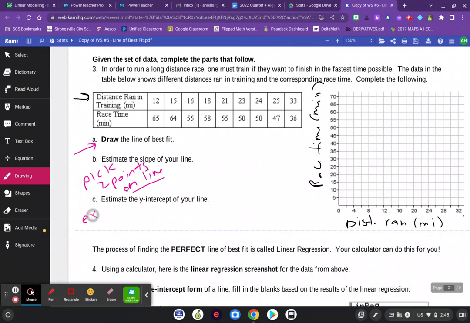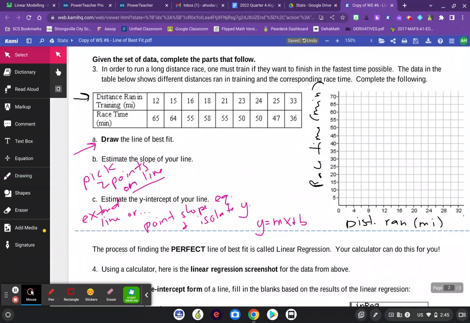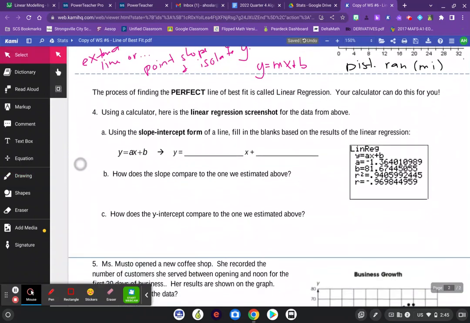You could extend your line, or you could write a point slope equation, right? And isolate y to estimate what that y-intercept is, okay? To get that y equals mx plus b. All right, so those are things that you want to try for problem 3.